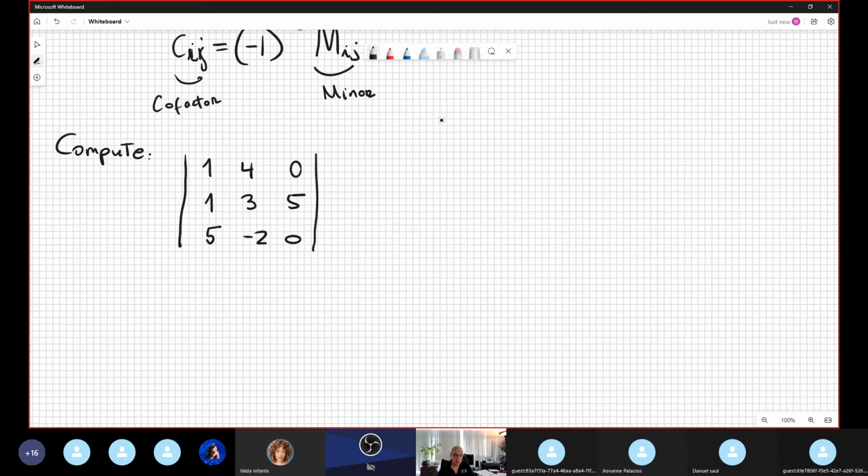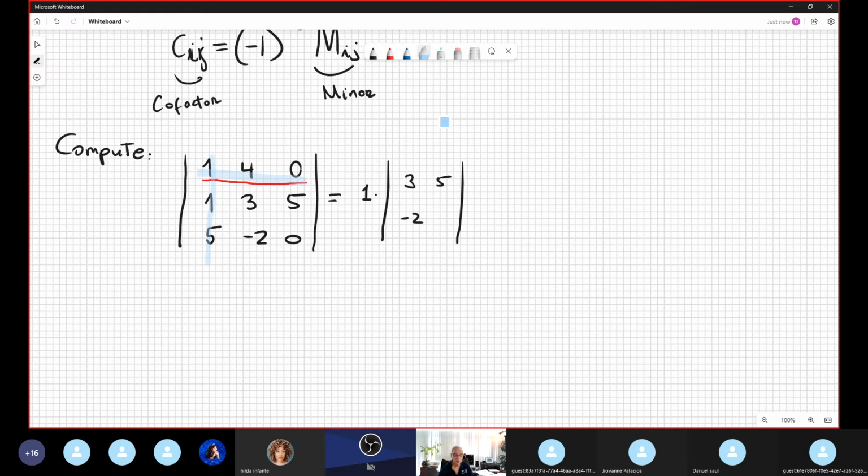Okay. Suppose I am a beginner. I have no training in this part. I assume I expand using the first row. So 1, this one, I copy. Multiplication by the minor; the cofactor is 3, 5. You delete mentally in your mind row 1 and column 1, this and this.